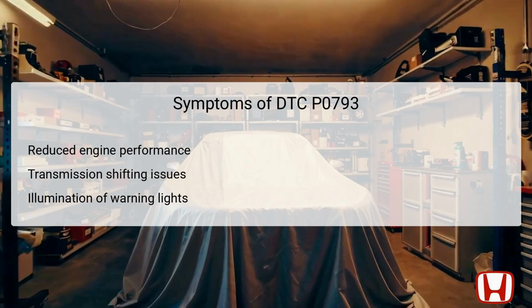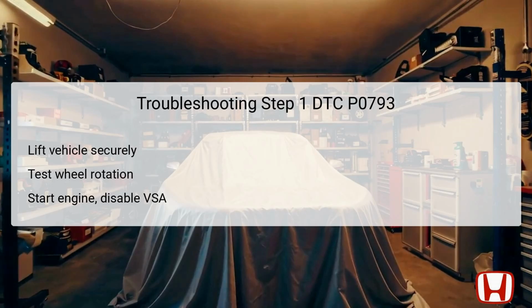Additionally, drivers may experience noticeable transmission shifting issues, such as rough or delayed shifts, making for an unpleasant driving experience. Furthermore, the vehicle's warning lights, particularly the check engine light, may illuminate on the dashboard, prompting the need for immediate diagnosis. Collectively, these symptoms not only impact the drivability of the vehicle, but also indicate that the transmission system requires inspection and possible repairs.